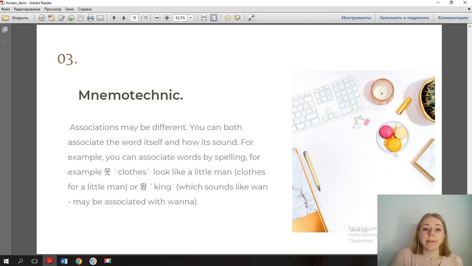The next one is mnemonics. It's about associations. I really like association because it's a really easy way to learn new vocabulary by heart. You can associate the word itself and how it sounds.